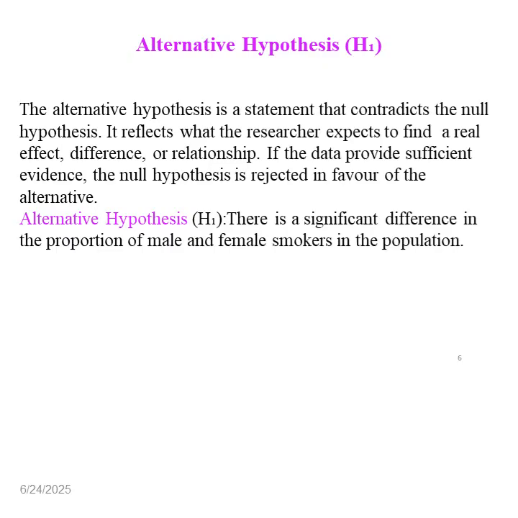Alternative hypothesis: there is a significant difference in the proportion of male and female smokers in the population. So see how they are different. If the null hypothesis is positive, the alternative hypothesis should be negative. And then you can test by using your data.